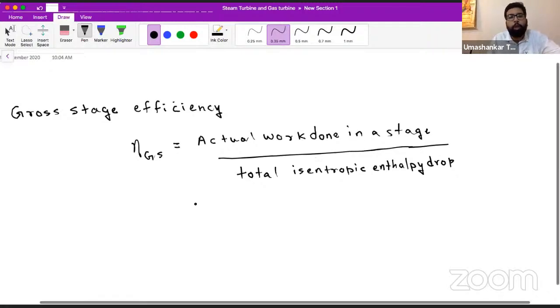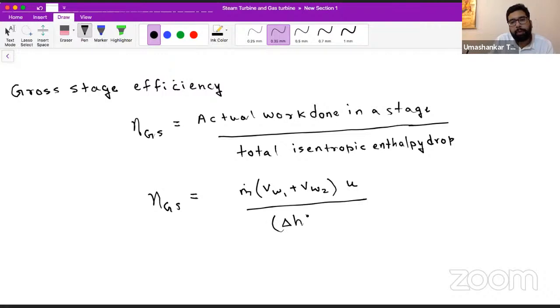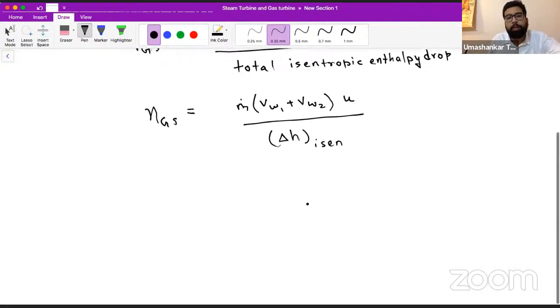As we have established in the previous lecture, the actual work done we get is m dot (VW1 plus VW2) into U, and the total isentropic enthalpy drop we call delta H isentropic.